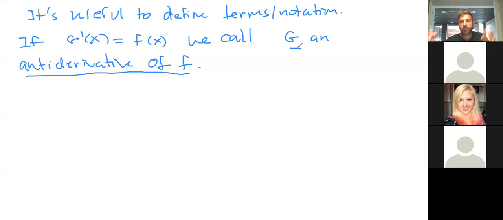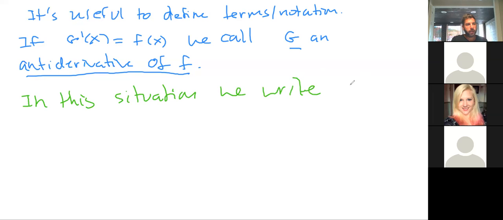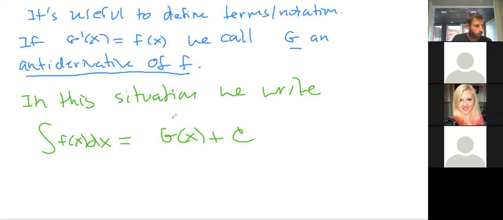And then once we define it, it's useful because of the connection to use certain symbols. So in this situation, we can also write, we use the integral symbol, but we don't have bounds on it, and we write it like this. Now, this C might seem completely ridiculous, and you're like, why would you write a C? Well, think about what we know about derivatives.